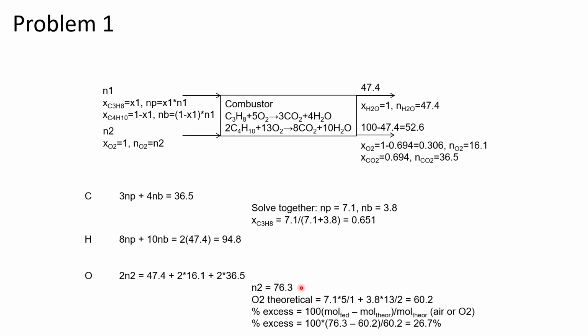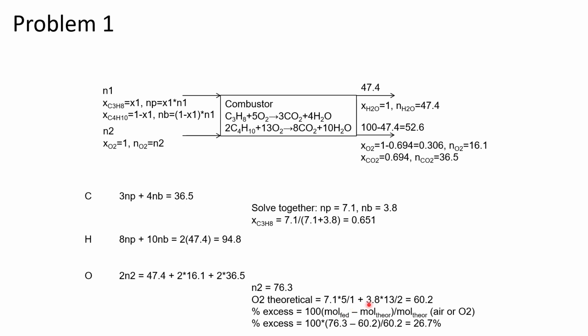To compute the excess oxygen or the excess air, we need to calculate the theoretical amount of oxygen that's needed. The theoretical amount is the amount required to completely combust all the propane and all the butane. So to compute it, we're going to take the propane flow rate, which is 7.1, and multiply by the amount of oxygen that's needed. There are 5 oxygen molecules required per propane molecule, so we multiply this by 5 over 1.